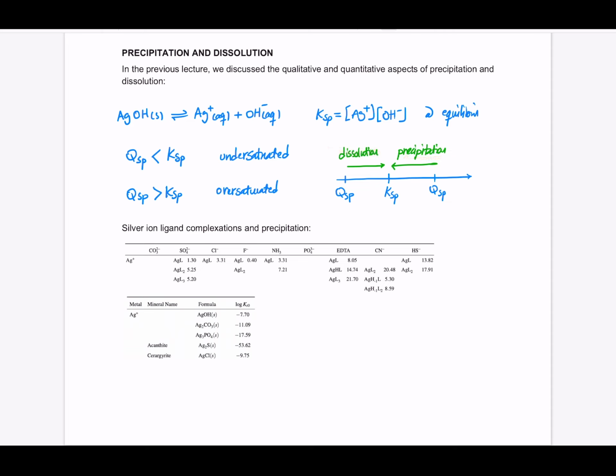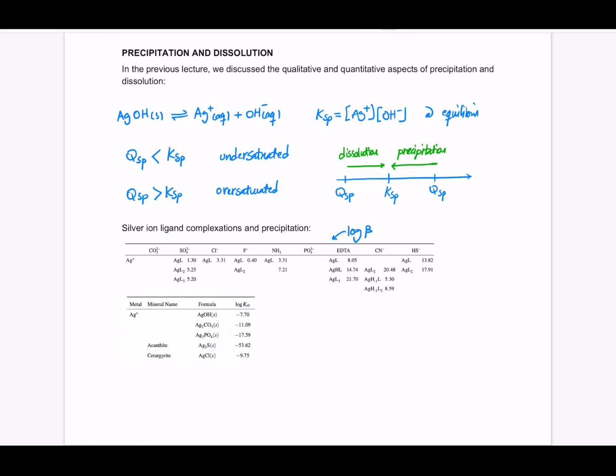So far in this chapter, we started looking at the reactions of metals with different ligands in the solution, the complexation reaction specifically, and we talked about a diversity of ligands that could potentially react with a specific metal. Here I'm showing silver, which could react with carbonate, different sulfates, and then we have the quantitative description, which was basically a log of beta, for example, in this case.